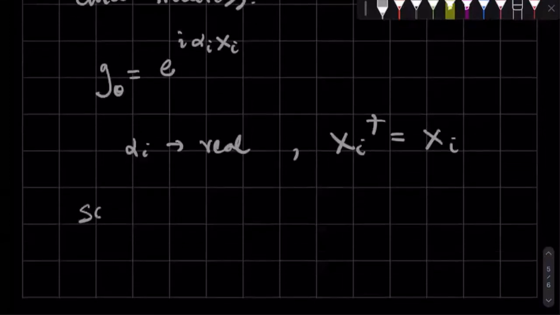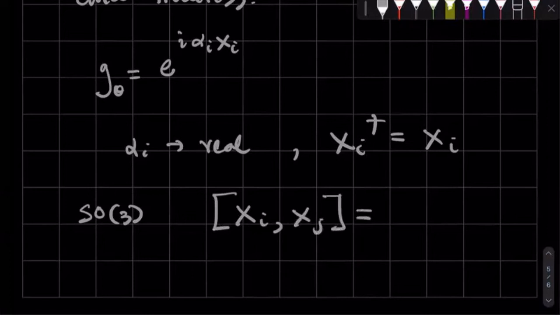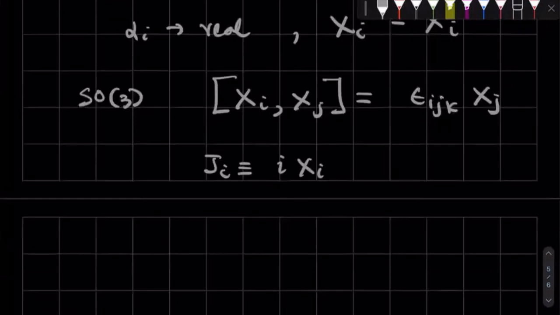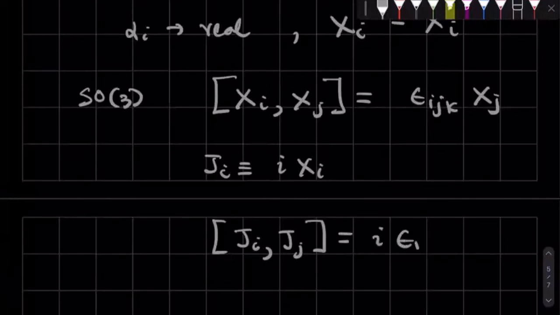So for SO3, if I write the algebra of the generators, it's basically this thing. This is the mathematician's SO3 algebra, but physicists define their generators to be I times xi. So for physicists, the SO3 algebra, which is the angular momentum algebra, becomes this.